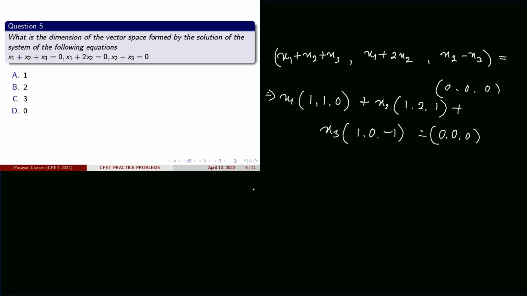Here we observe that for all x1, x2, x3 belonging to the set R, the above equation is satisfied.